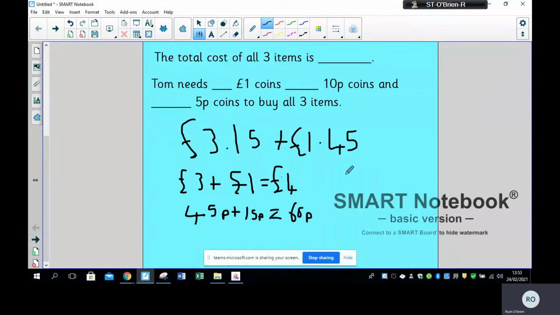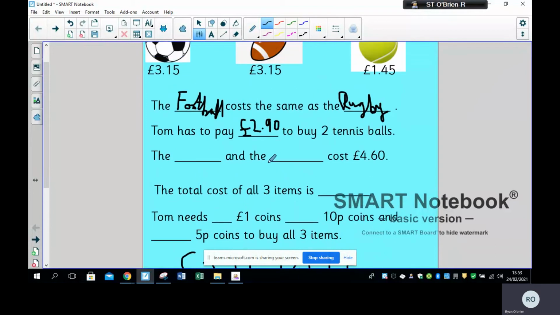I'll put that back together: £4.60. Perfect, that's what I was trying to find. So I know the rugby ball and the tennis ball cost £4.60.